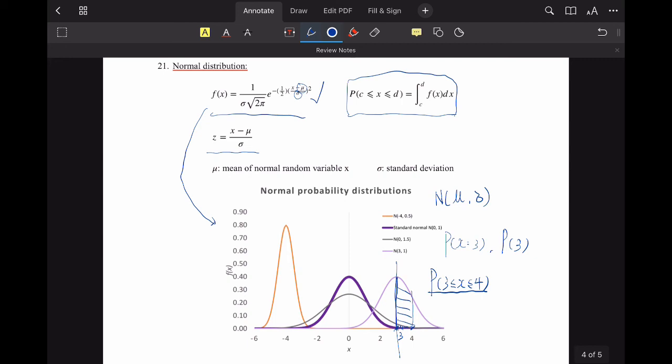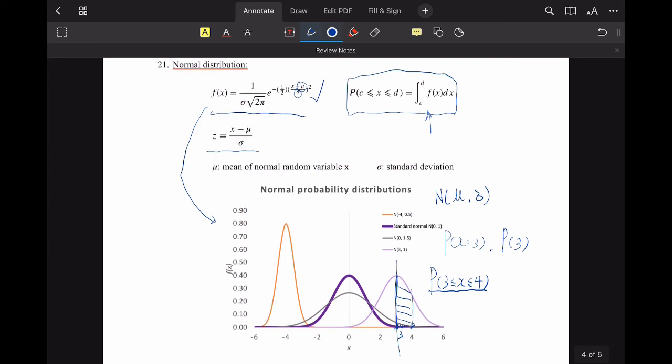So you know calculus, you know integral, and you can see the probability between 3 and 4 is just the area of this shape, right? Including the line here. It's just the area of this space.